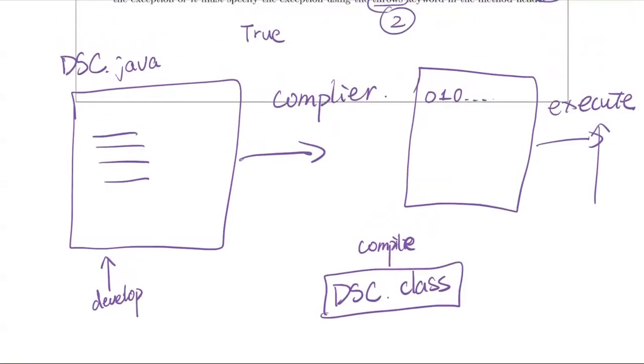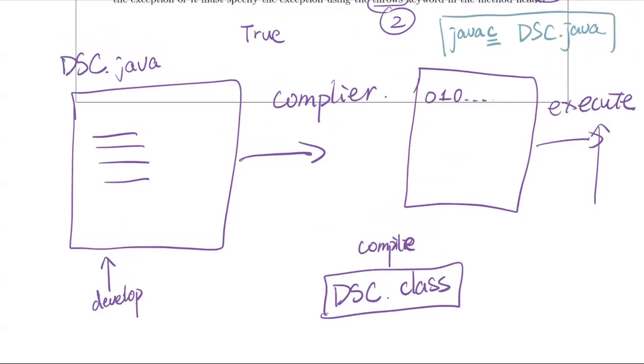So during week 1, we demonstrated that DSC.java is a Java file, right? And then in the terminal, you put in javac, for compile, and then DSC.java. So this command won't run your code, but it will compile your code.